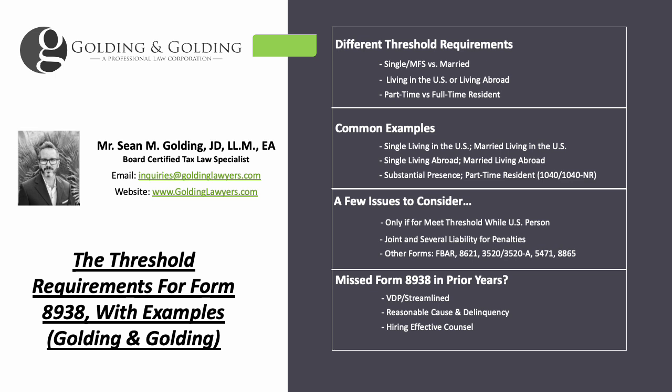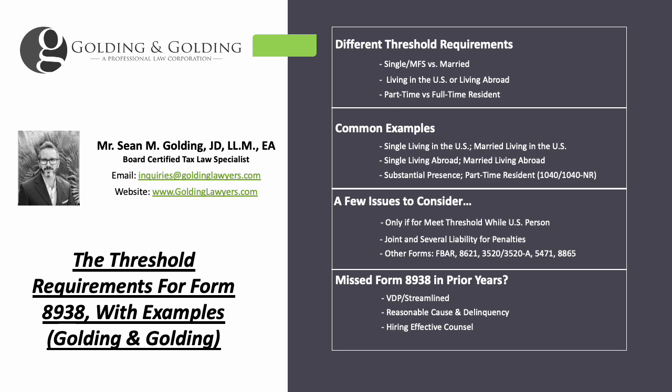The other thing to consider is, a lot of times people who use commercial software like TurboTax, TaxAct, H&R Block, they'll file the 8938 because that's included with the software program. It's a form that's part of your U.S. tax return. But there may be several other forms that are required as well, and these forms are typically not included with the software.